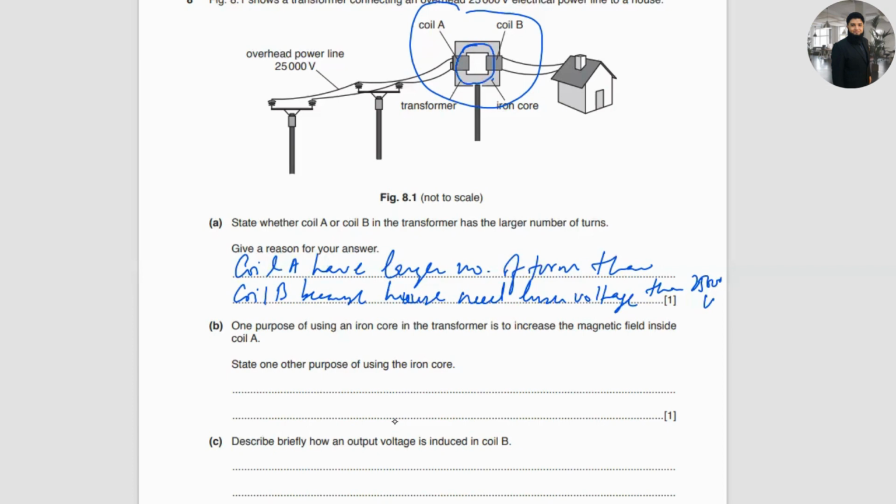Due to this magnetic flux, both coils will interact with each other. So the purpose of using the iron core is that it can be easily magnetized, and due to this, both coils can be easily linked by the magnetic flux, right?